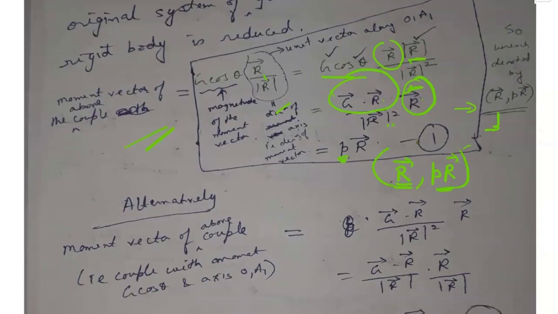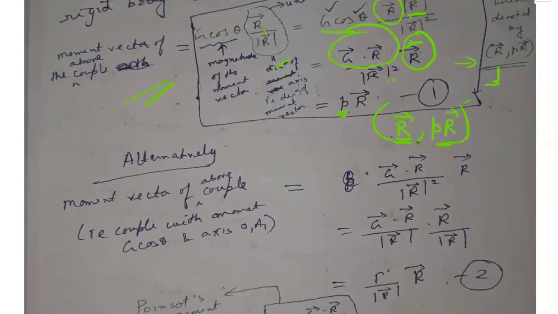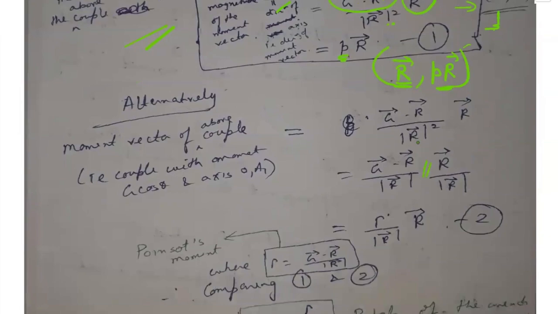Now from here you can also see, alternatively, in terms of gamma, if I want to express the moment vector of a couple, the same thing, G dot R by R square times R. Then G dot R you can just simplify, or you may say it is an alternative way of writing. You are just segregating this. Simple, you can follow it on your own.